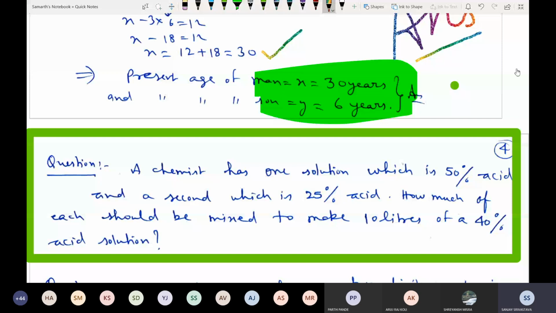Are you able to see the question? Yes, boys? Are you all trying?